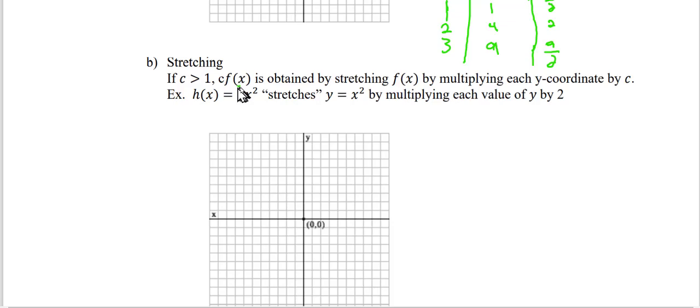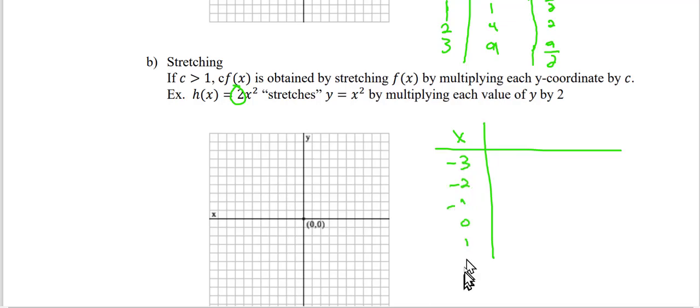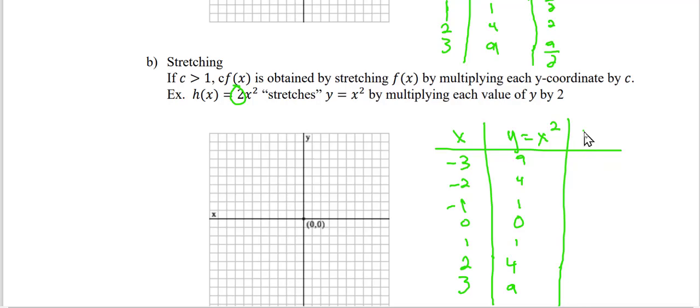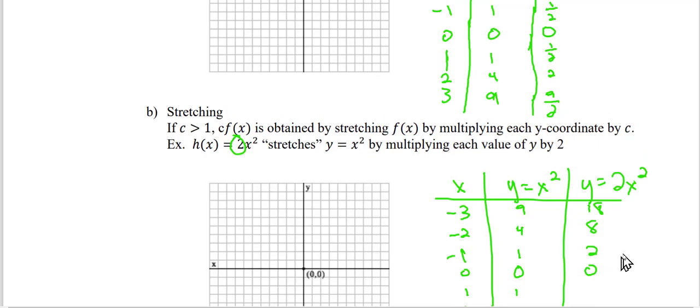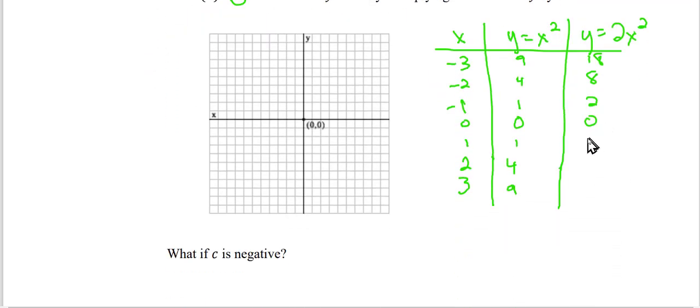So with this 2, instead of our x's -3, -2, -1, 0, 1, 2, and 3 giving us, for y equals x squared, 9, 4, 1, 0, 1, 4, 9, now with the 2 in front, those numbers double: 18, 8, 2, 0, 2, 8, 18.